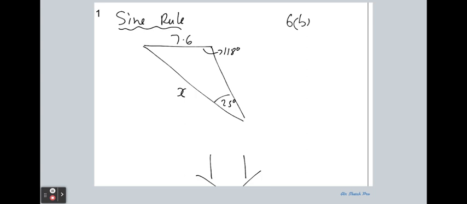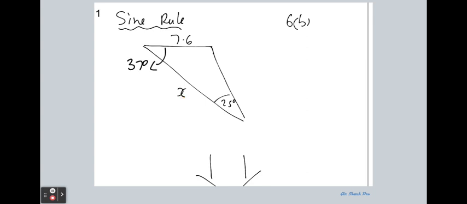So what I could have done is I could have given you the two angles there, 25 degrees and 37 degrees. So 25 is matched up with 7.6. X is matched up with nothing yet.